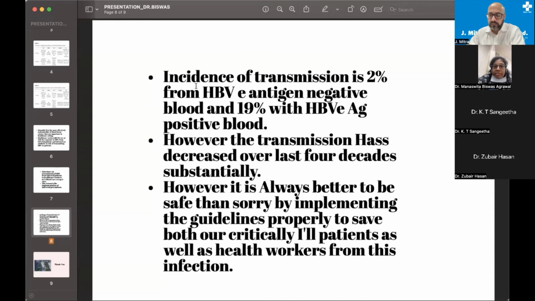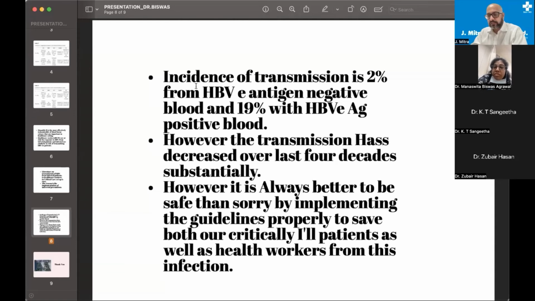The incidence of transmission from antigen negative blood is 2%, and that becomes 19% from positive blood. However, the transmission has decreased substantially over the last 4 decades because of universal precautions, but it's not nil yet.